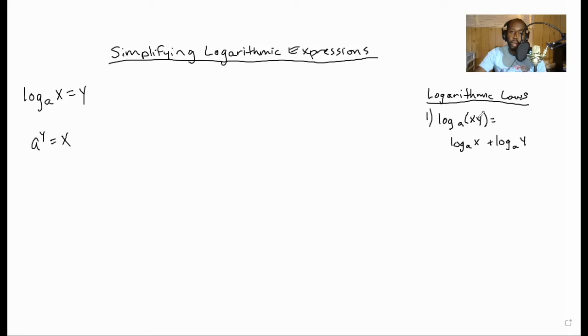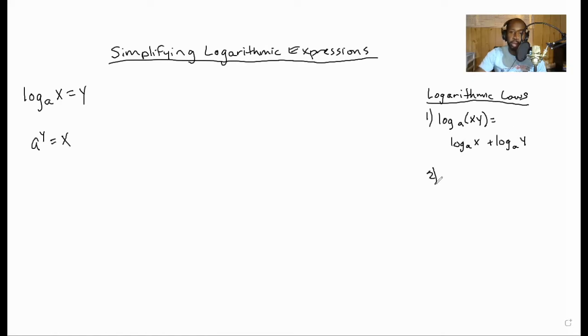So in other words, if you have a product in here, then you can break that up into log base a of x plus log base a of y. It's important to understand that this goes in the opposite order as well. So if you have a log plus a log with the same base, then you can combine those into a single log where x and y are multiplied times each other.